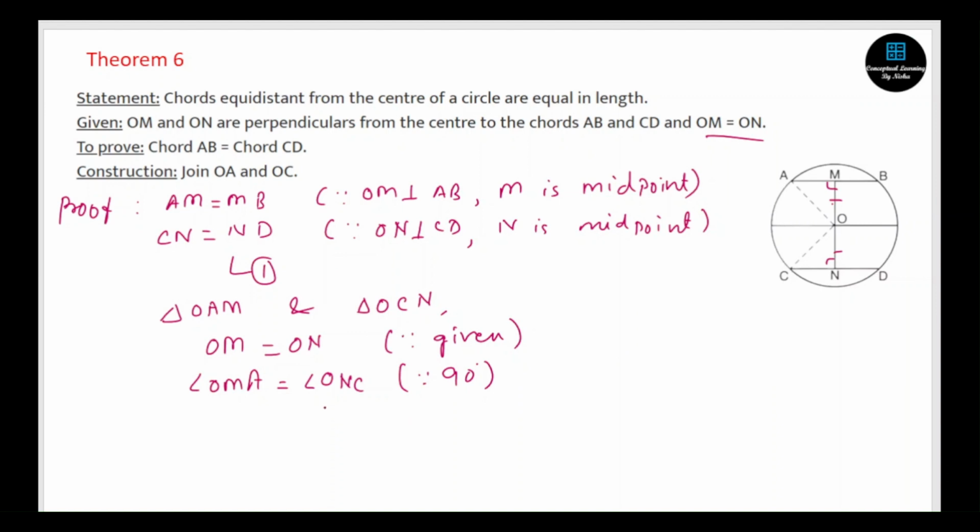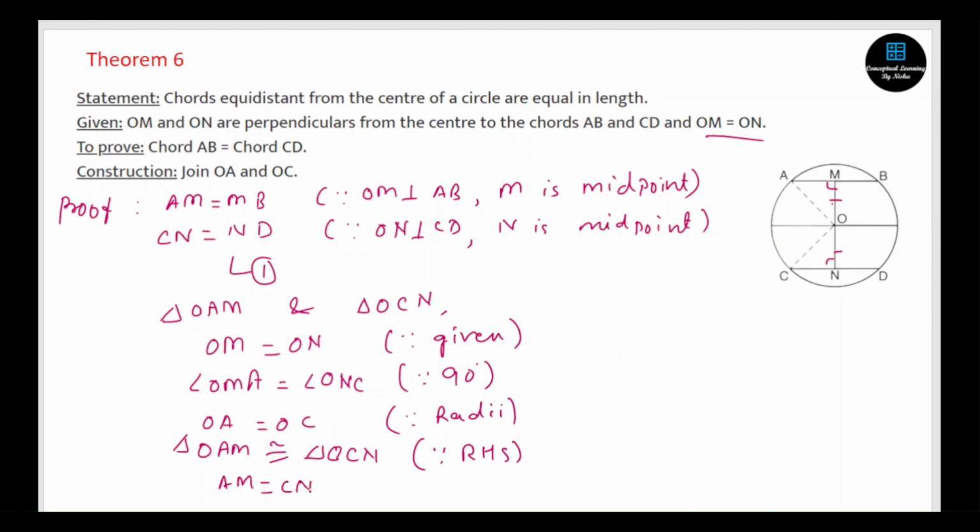And what else? Radii, correct? OA is equal to OC. So now which criteria again? RHS criteria. So triangle OAM is congruent to triangle OCN by RHS. And what can we say by CPCT? Yes, AM is equal to CN. So this is by CPCT.